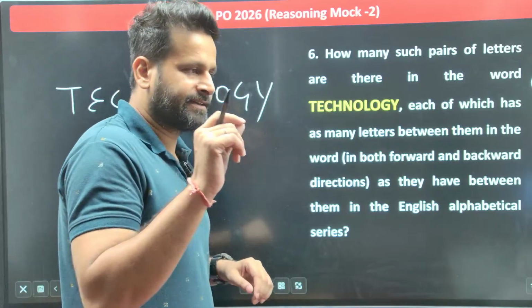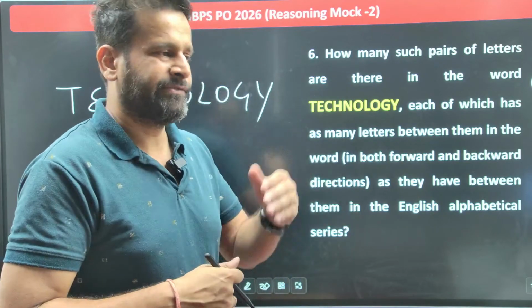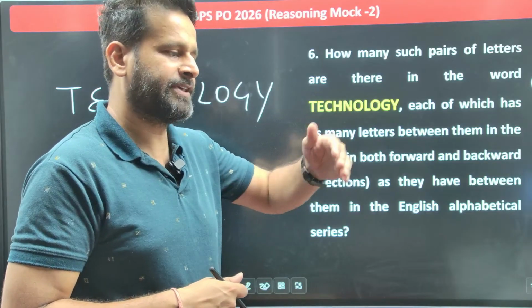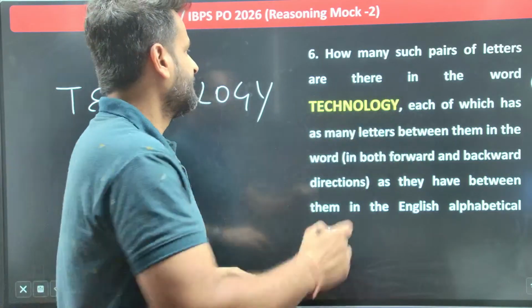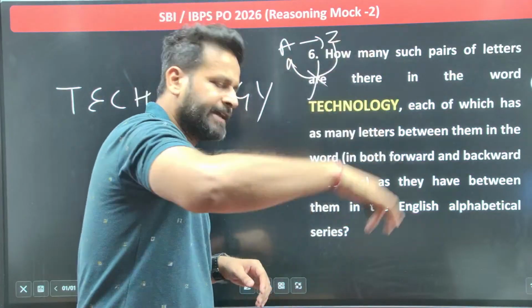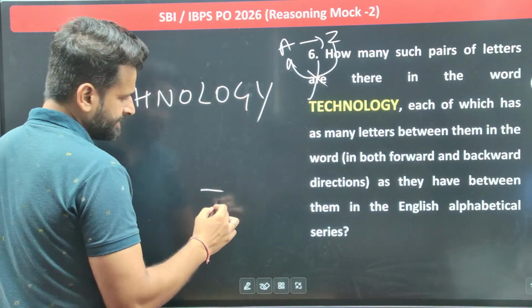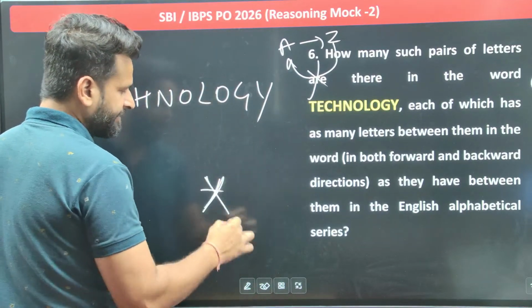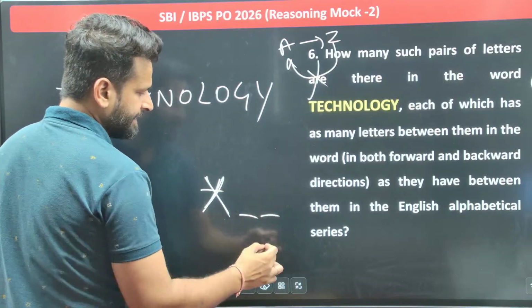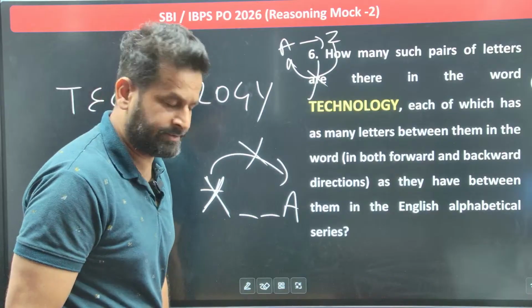Just remember this one thing. In the alphabetical order, when you are saying after O, P, Q, R, after T, U, V, W, then you need to check only from A to Z. You do not have to go again from Z to A. That means, let us suppose this is X. This is one letter X, Y, Z, A. So X to A, there is no such pair. Why?